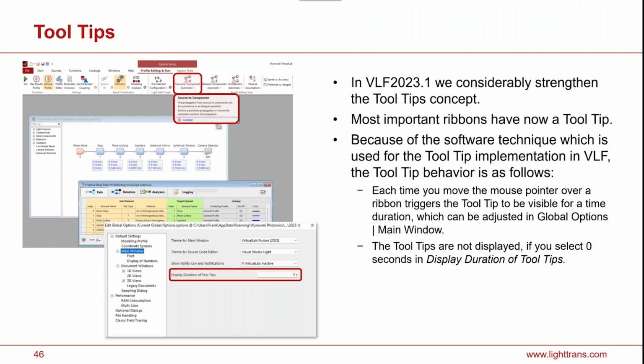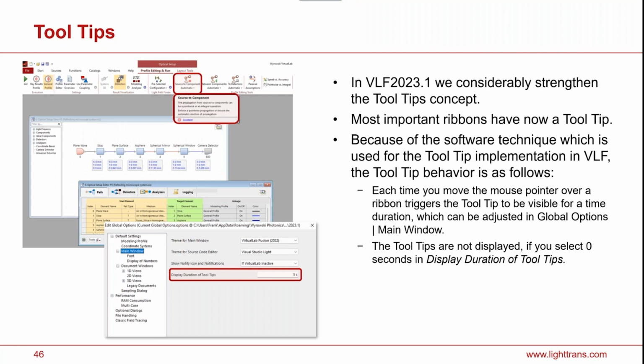Anyway, and then I like to say that we have another thing also to support the usage of VirtualLab Fusion, that we have started more consequently to use tooltips. Tooltips, you know, of course, from other software, we are now using much more consequently. I like to mention that because we are using our own software development concepts, of course, based on .NET Framework from Microsoft, but it always depends a little bit on the levels you are there.